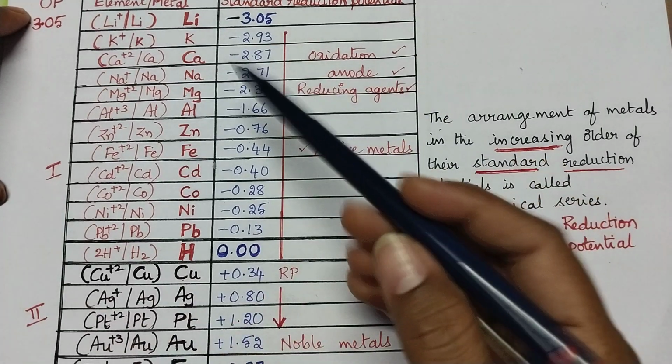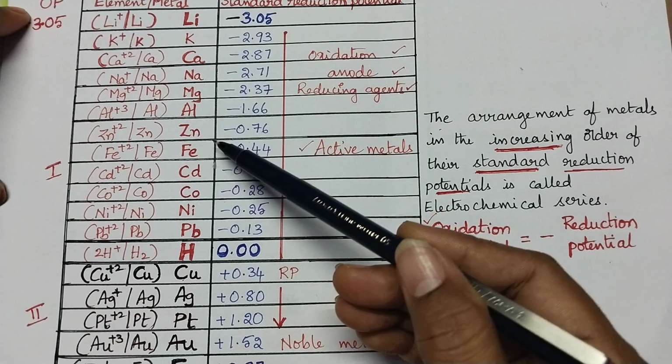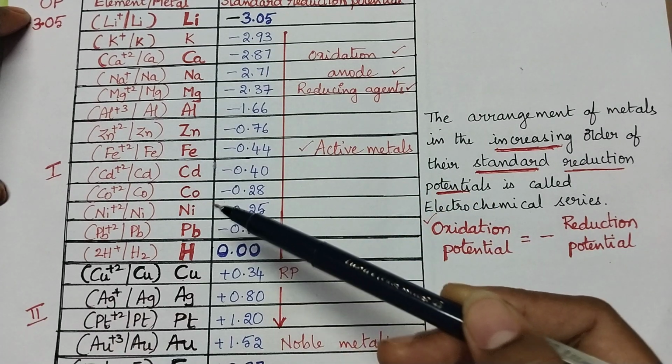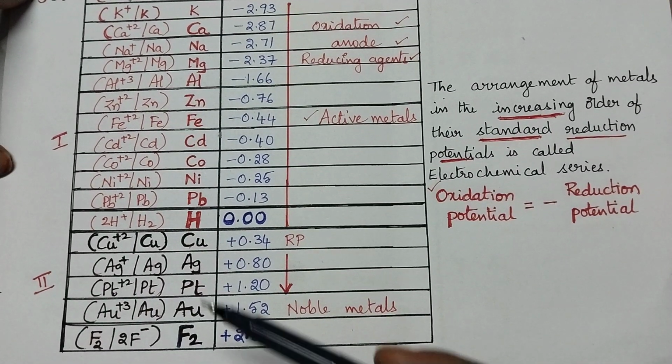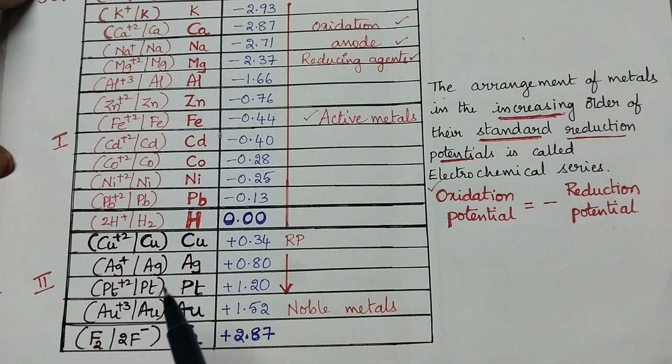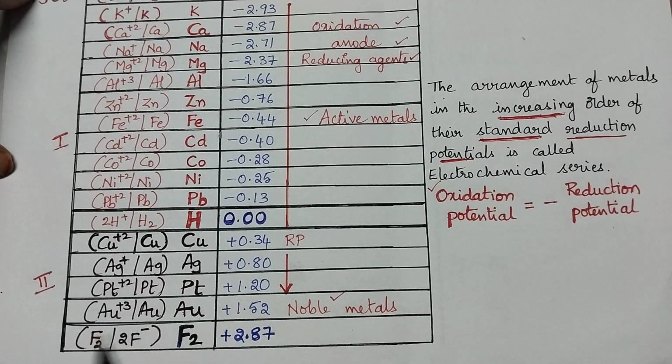Generally, they include alkali metals, alkaline earth metals and some d block elements. Clear, students?